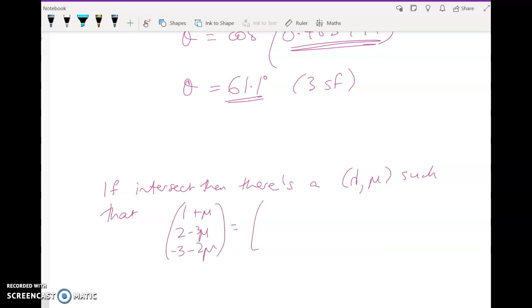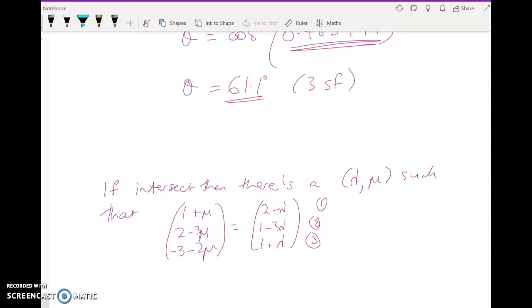So what we're saying is that there is a solution to these three equations with only two parameters. And I'm going to label them 1, 2, and 3. So our strategy is to take any block of two equations, solve them, and then check with the third.